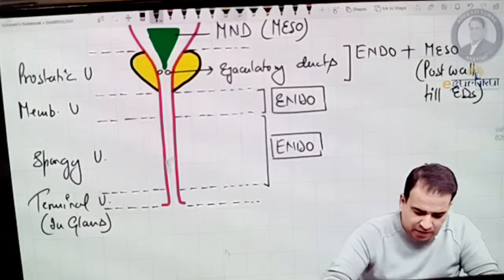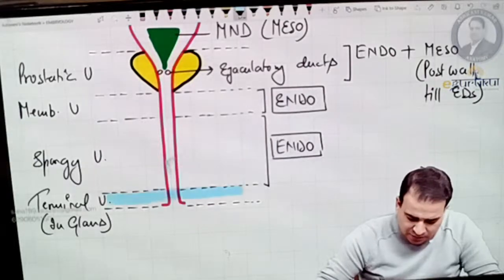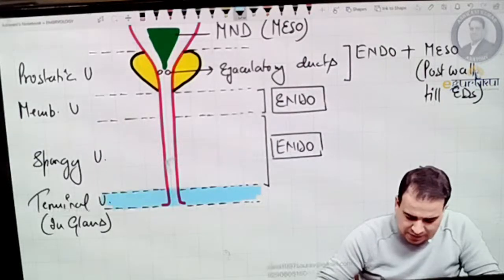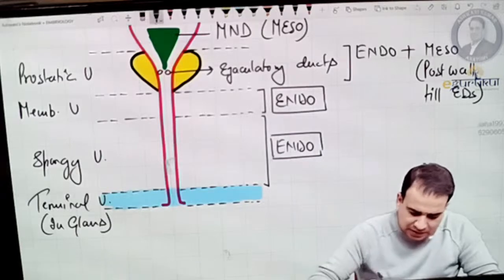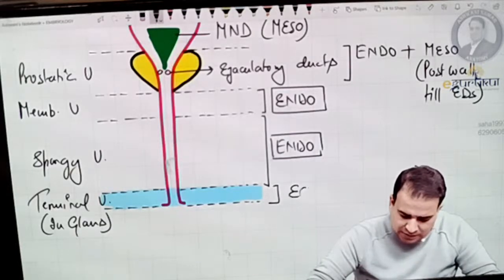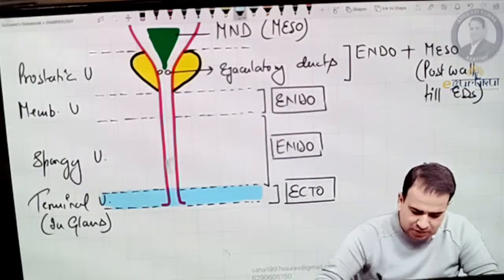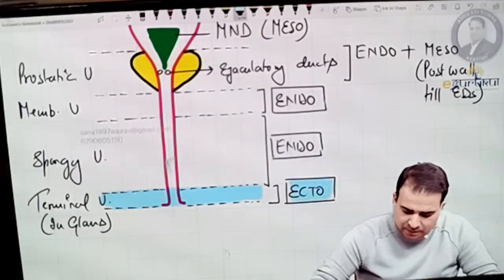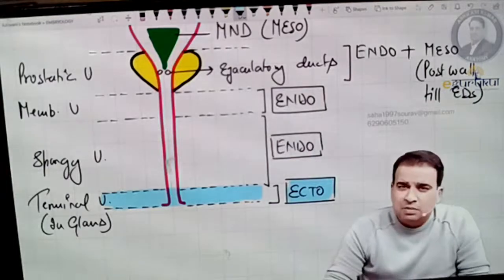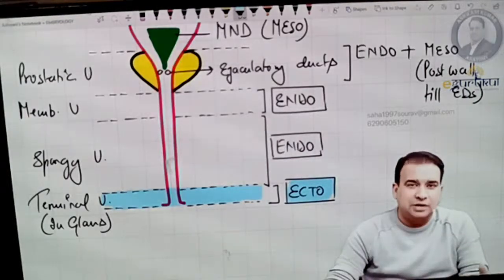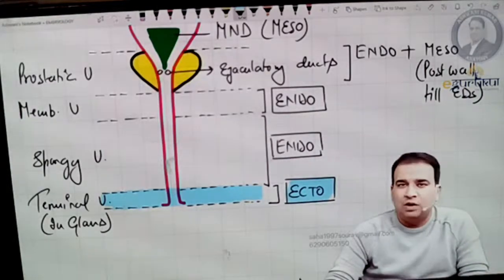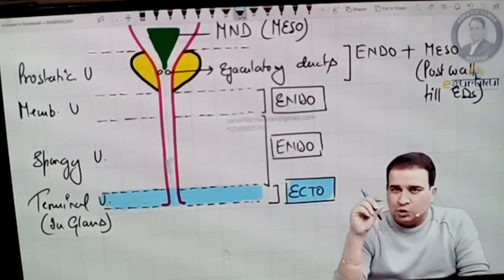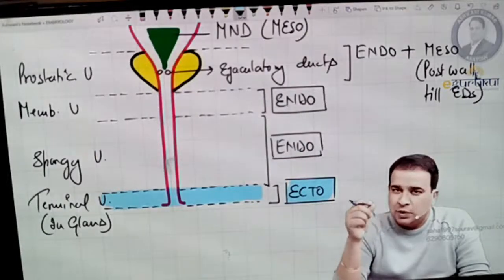And here's the point. The terminal urethra, the one which is opening in the glans penis, is ectodermal. Why is it ectodermal? Because the glans penis and clitoris are derived from something called genital tubercles, and those genital tubercles have ectodermal thickenings.